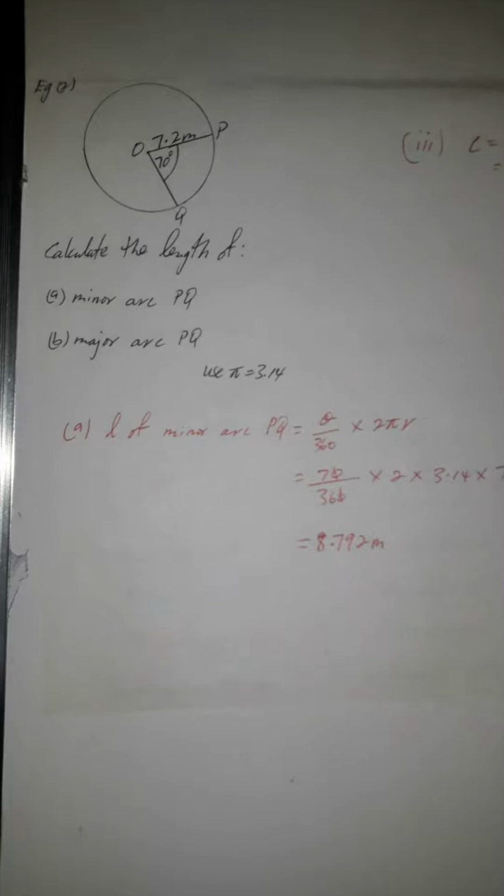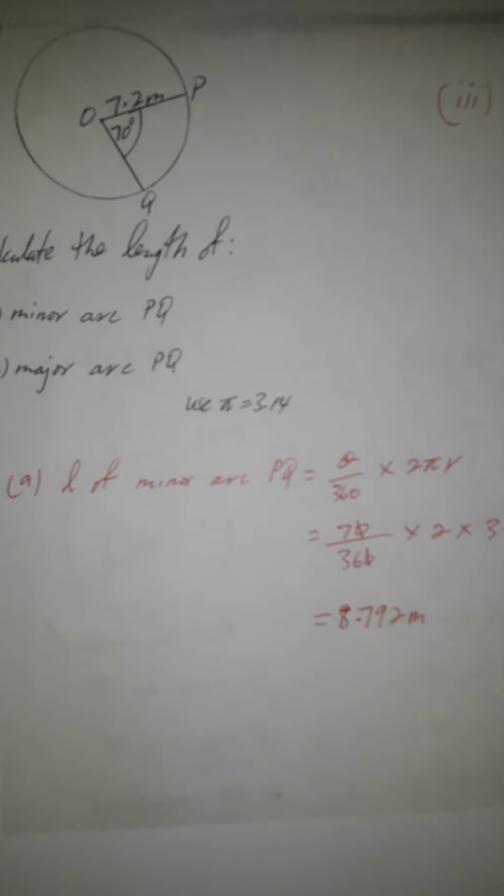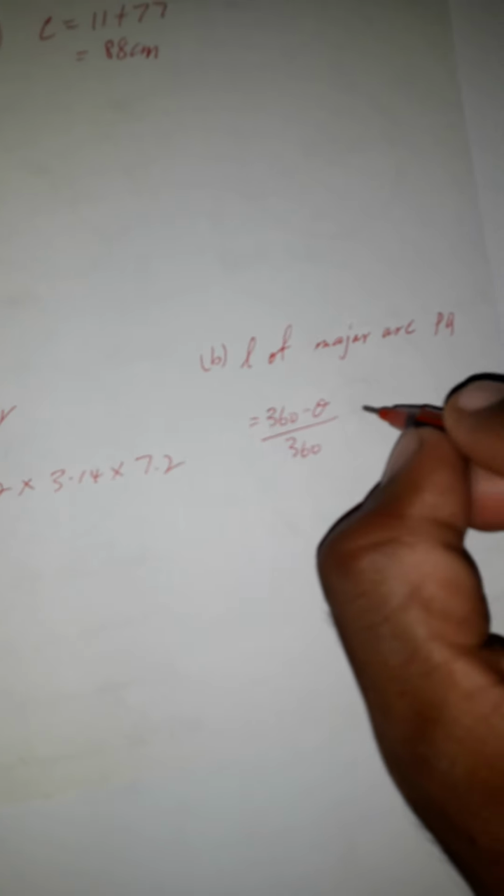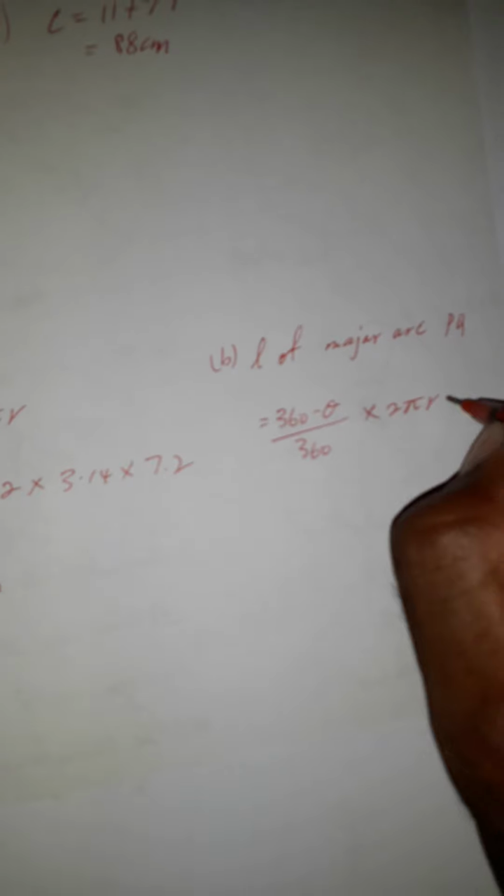It's not a lot. Alright, so final one, part B, the major arc. Length of major arc PQ. I'll use the formula: 360 minus theta over 360 times 2 pi r.